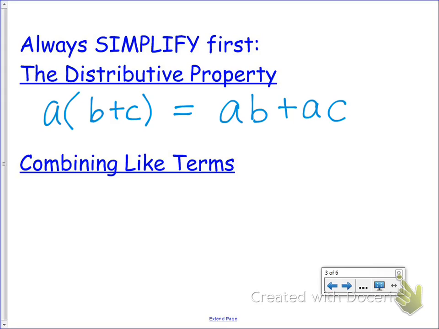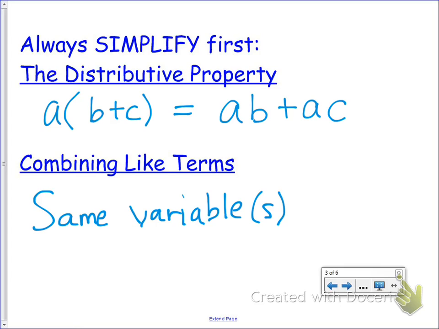Let's talk about like terms. Combine like terms if they have the same variable. Now you can have more than one variable. But if it is the same variable, it needs to have the same power. We're not going to talk about multiple powers here, just power of 1. So if you see a variable that's the same, you can combine those terms. Let's look at the distributive property with subtraction. You can probably say what it is.